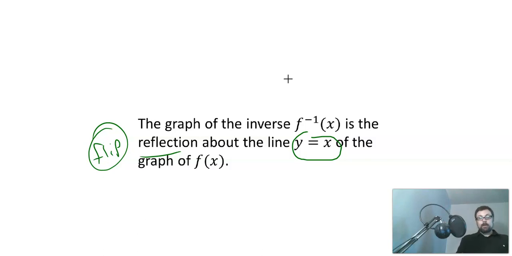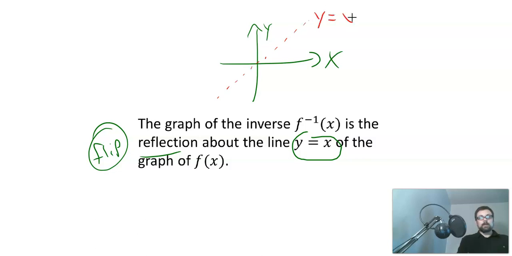And so if you think about it, here we have the y-axis, we have the x-axis. Here's the line where y is equal to x. Now, if I rotate the graph along this diagonal line, think about what happens. The x-axis, when I rotate it about this diagonal line, becomes the y-axis.